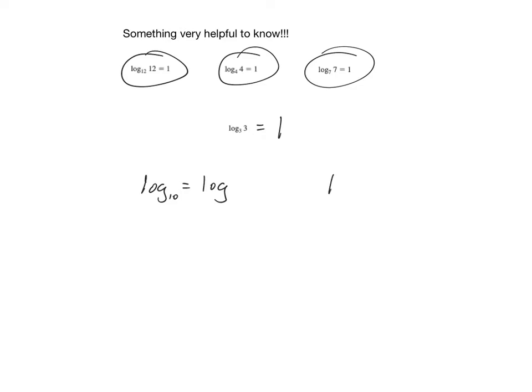The other one is that the log of the base e, 2.7 and so on, has a shorthand version of ln. So just remember that log 10 equals 1, and the stranger looking thing is that ln e also equals 1. I already alluded to that in the previous one.